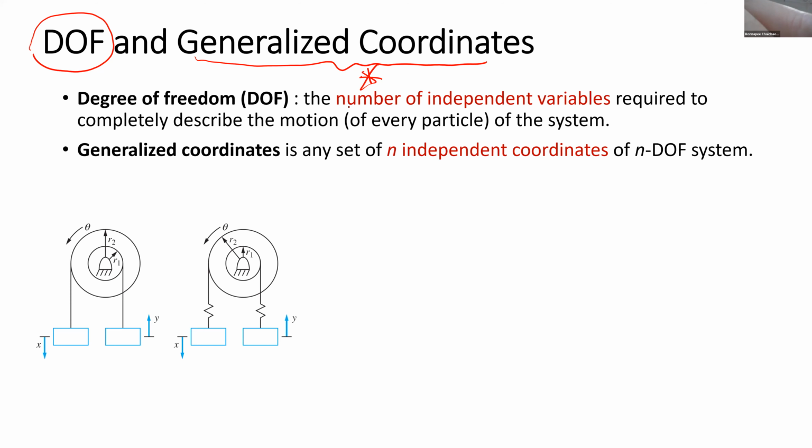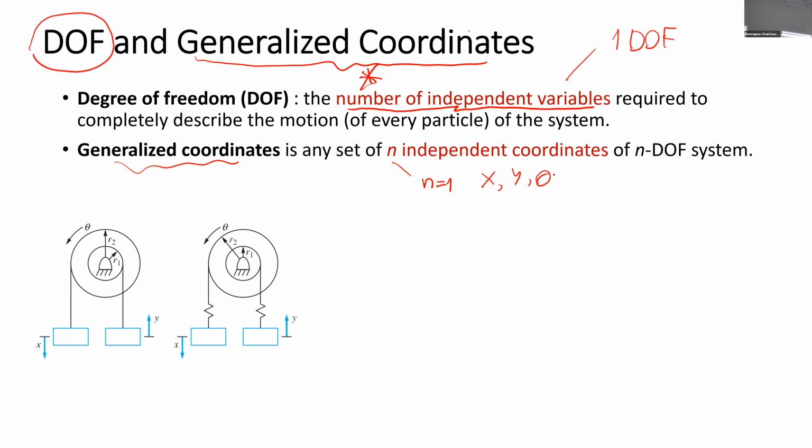The degree of freedom is the number of independent variables that are required to completely describe the motion of the system. And the generalized coordinate is the set of independent coordinates. Before this, we have 1 degree of freedom. So the set of n equal to 1 independent coordinate, we can select x, can select y, or can select theta.